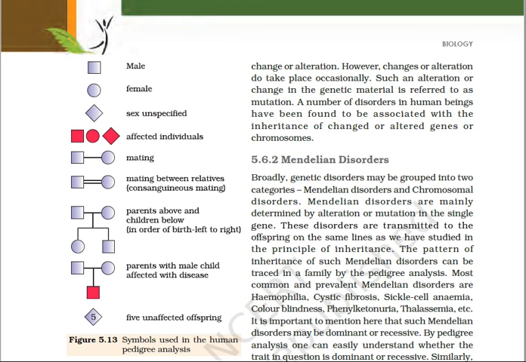It also helps genetic counselors to advise couples about the possibility of having genetically defective children. In certain cases, it may help to identify genotypes of offspring yet to be born. It also helps to identify the possible origin of the defective gene in the family or in a population.